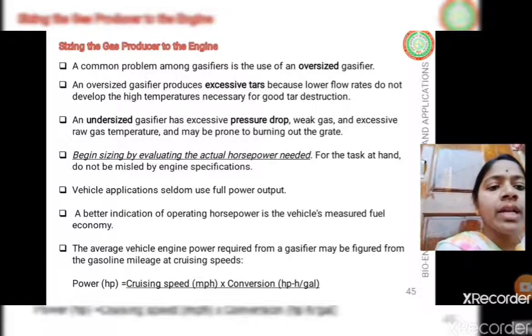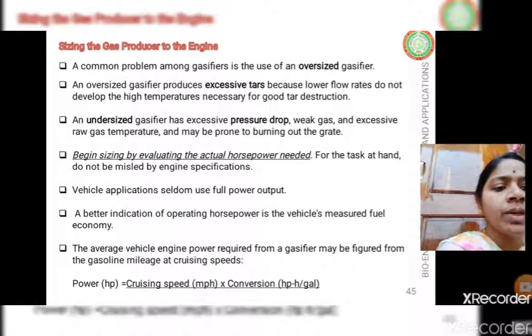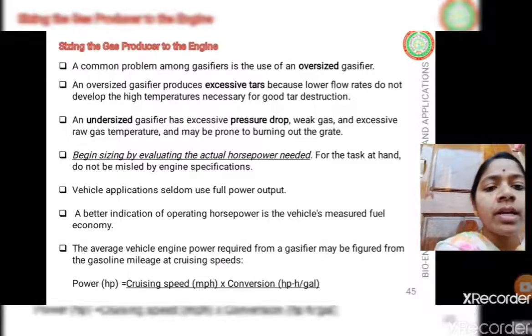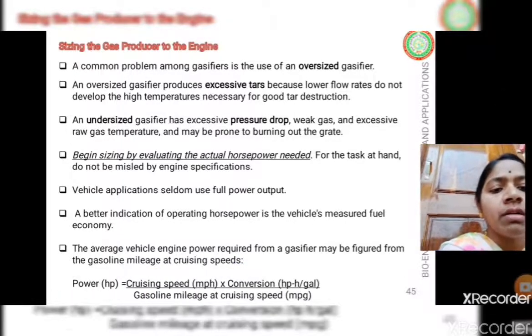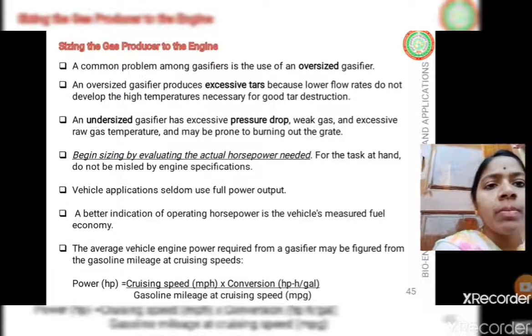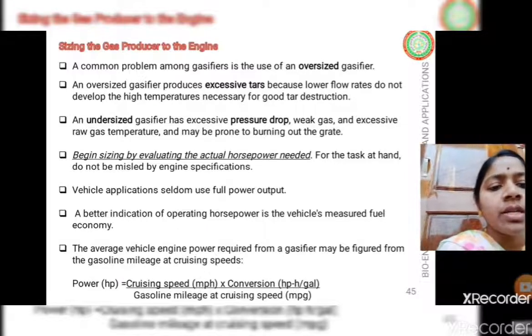The average vehicle engine power required from the gasifier may be calculated with respect to gasoline mileage and cruising speed. With the help of the gasoline mileage and cruising speed of the vehicle, we can calculate exactly what the power is.